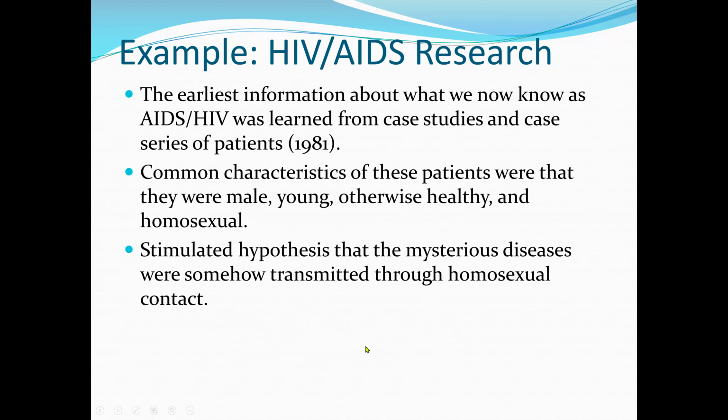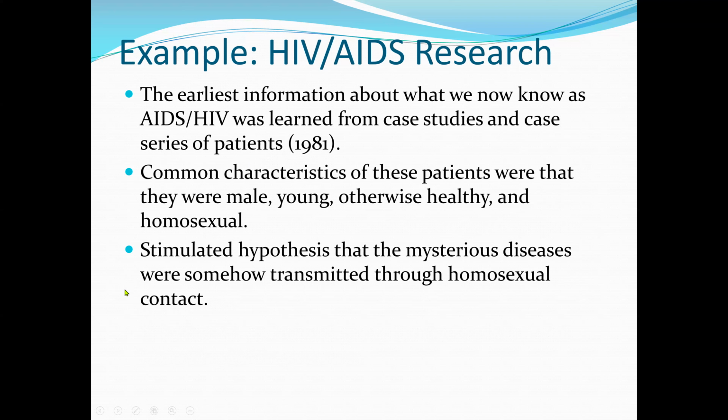Now, let's see an example. Here we have HIV/AIDS research. The earliest information about what we now know as AIDS/HIV was learned from case reports and case series of patients in 1981.